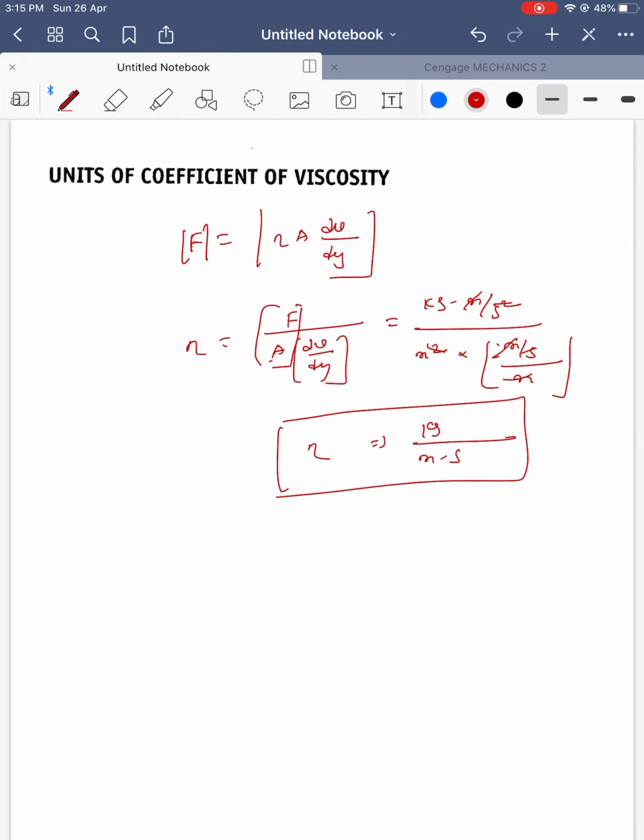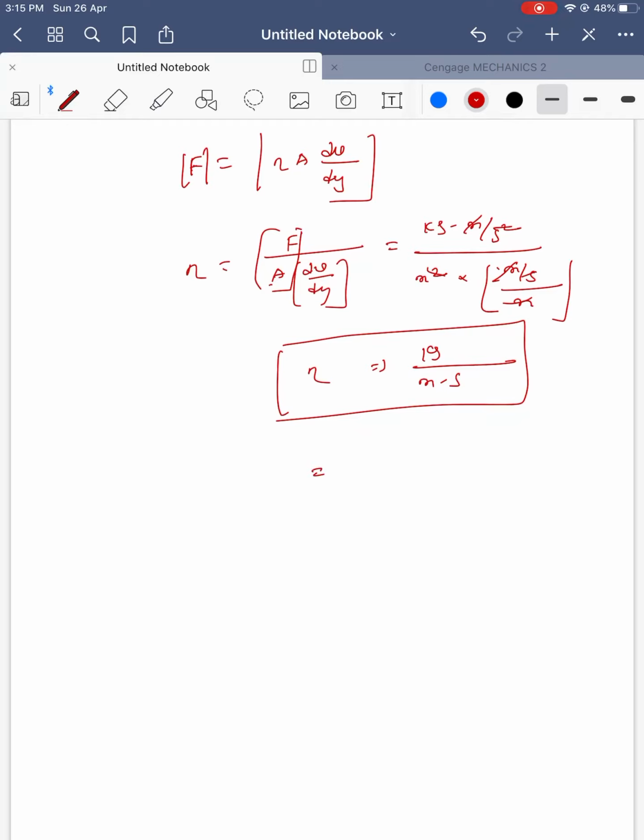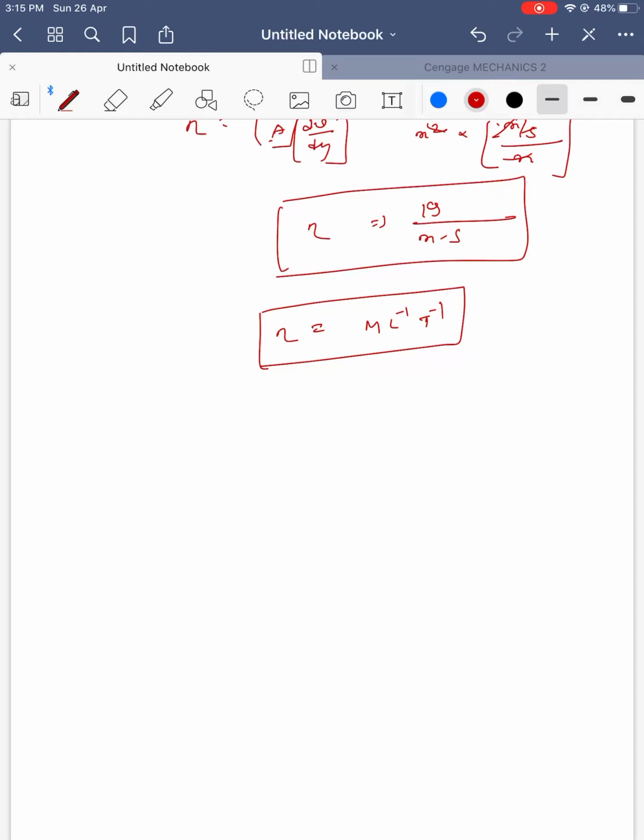If they ask you to write the dimensional form, it is M L inverse T inverse. Now if we write in SI and CGS units, for CGS, 1 kg is equal to 1000 grams, so I am writing directly gram by centimeter second.